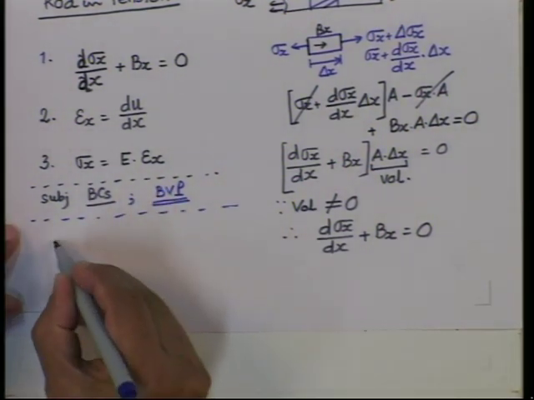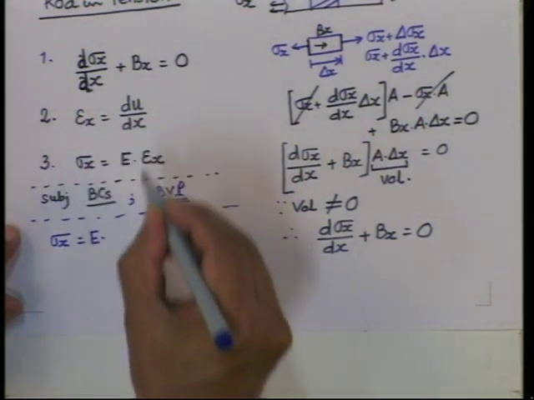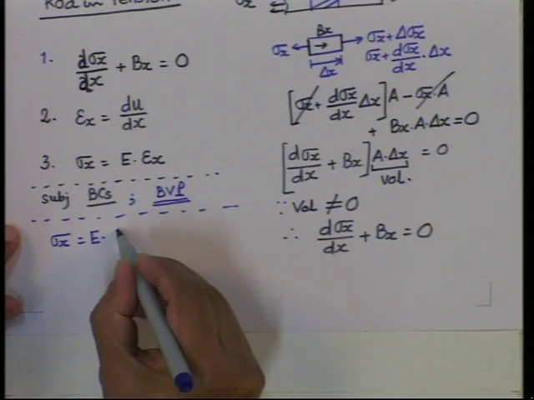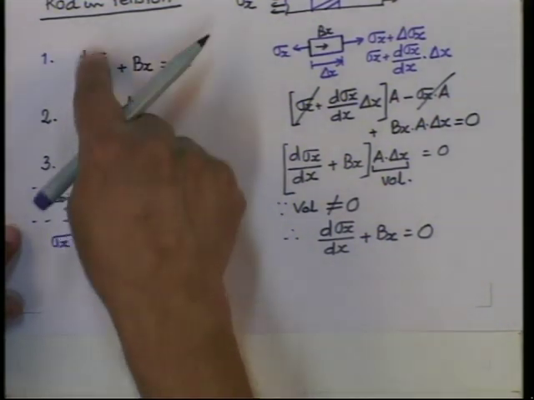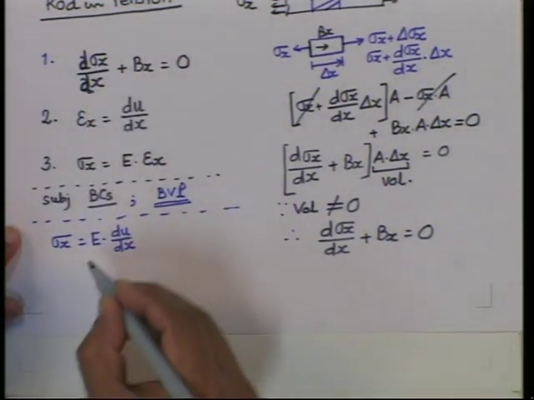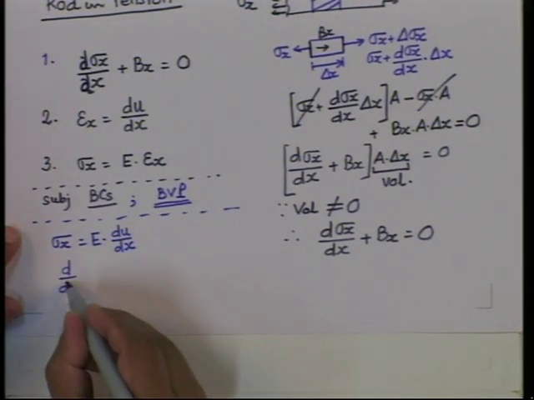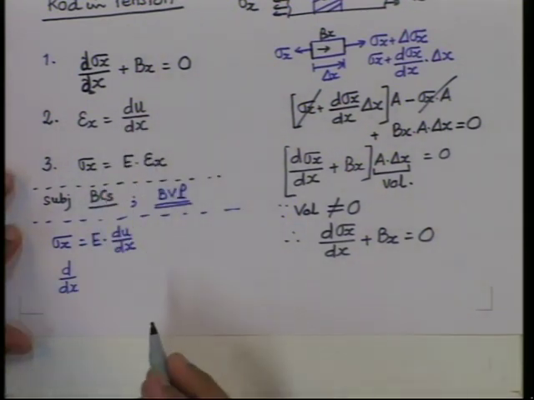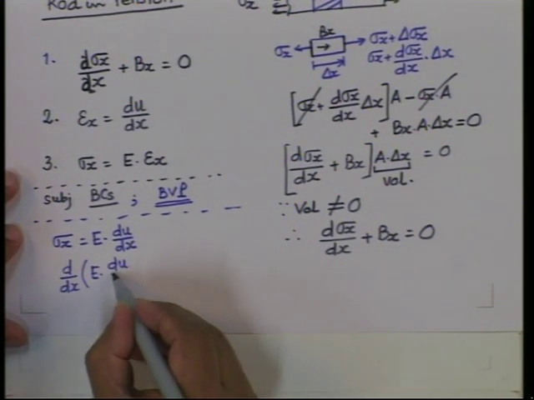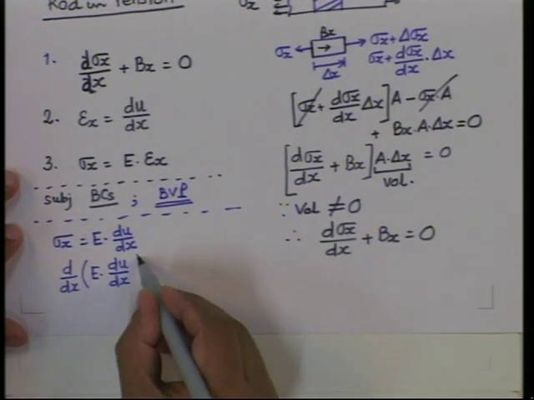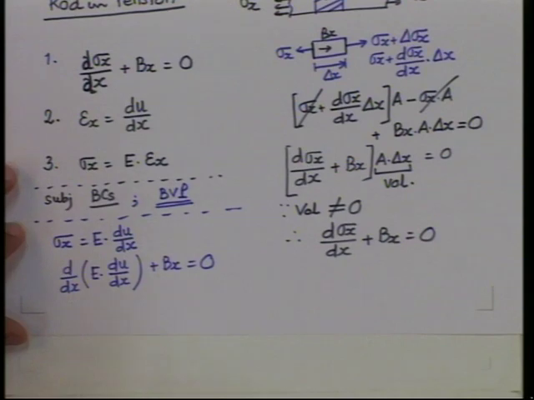So stress equals E times strain, and strain is given by du by dx, so I can write stress in terms of displacement. Now if I substitute this stress value into the first equation, I get d by dx of sigma x, where sigma x is E times du by dx, plus Bx equal to 0.